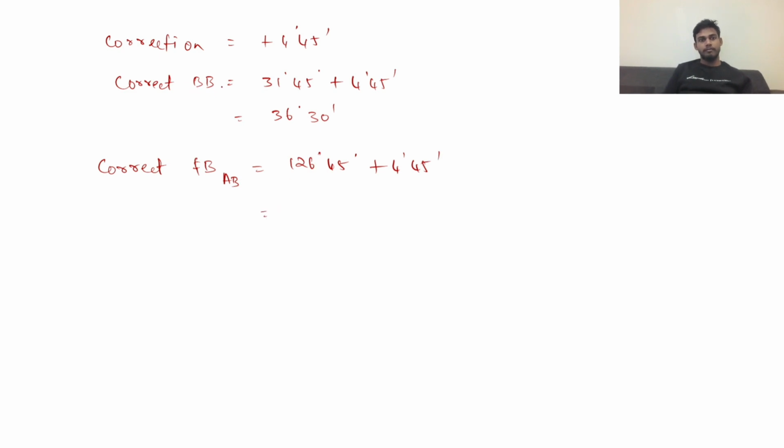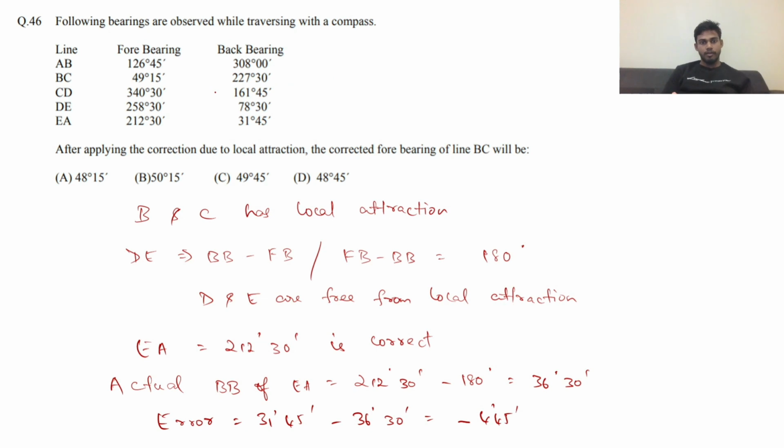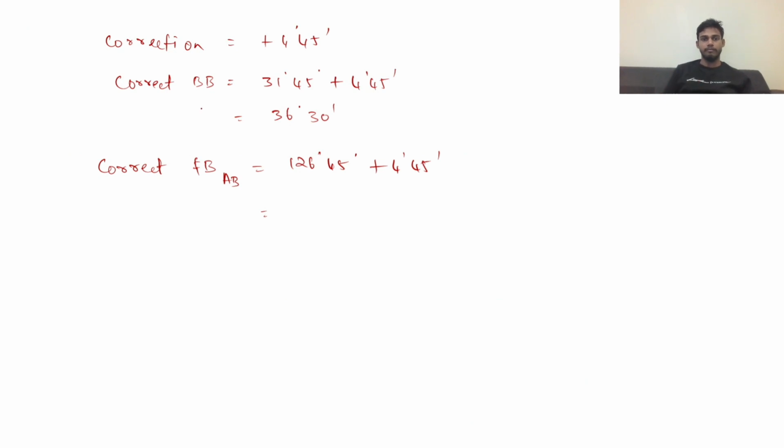Because in the back bearing of EA, E is free from local attraction and A is affected by local attraction, the correction for station A is plus 4 degrees 45 minutes. And in the forward bearing of AB, we are applying that correction, plus 4 degrees 45 minutes. So it will be equal to 131 degrees 30 minutes.